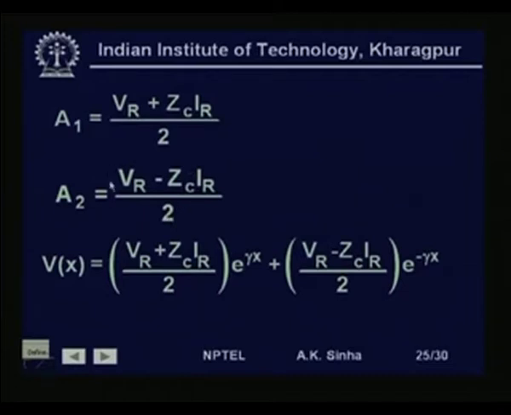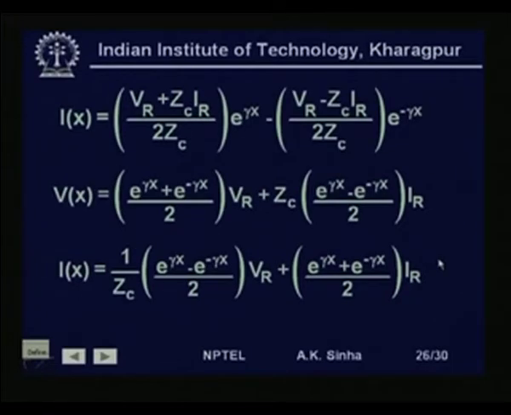Now, substituting the values of A1 and A2 in the relationship for Vx, we get Vx is equal to (Vr plus Zc into Ir) by 2, that is A1, into e to the power gamma x, plus (Vr minus Zc into Ir) by 2, this is A2, into e to the power minus gamma x.